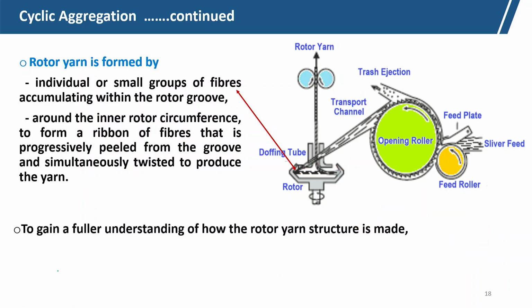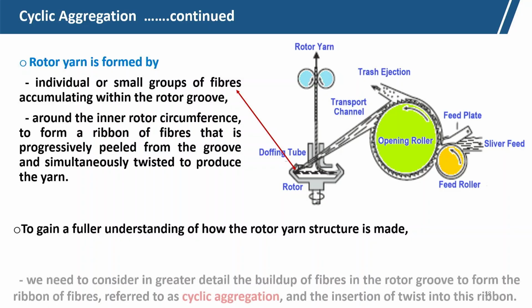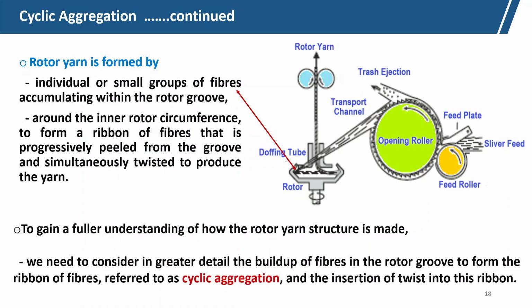To understand this in a better way, we have made some assumptions. We need to consider in greater detail the build up of the fibers in the rotor groove to form the ribbon, which is called cyclic aggregation.